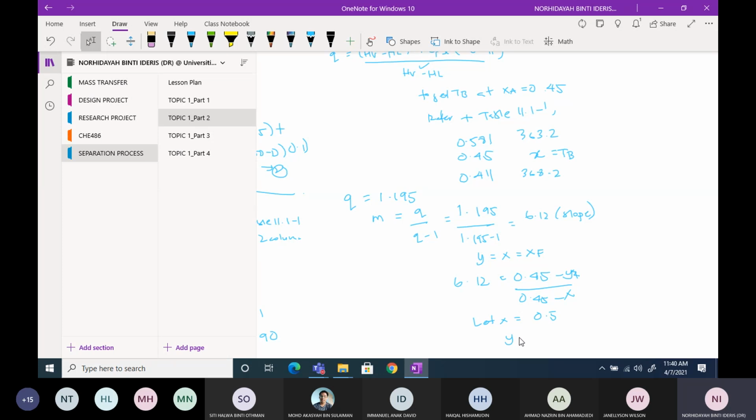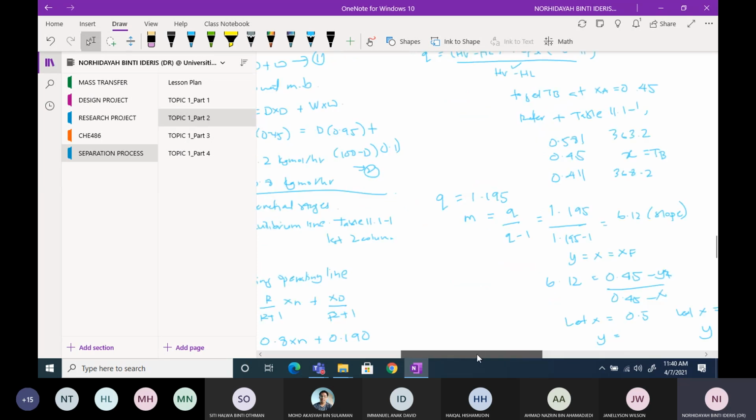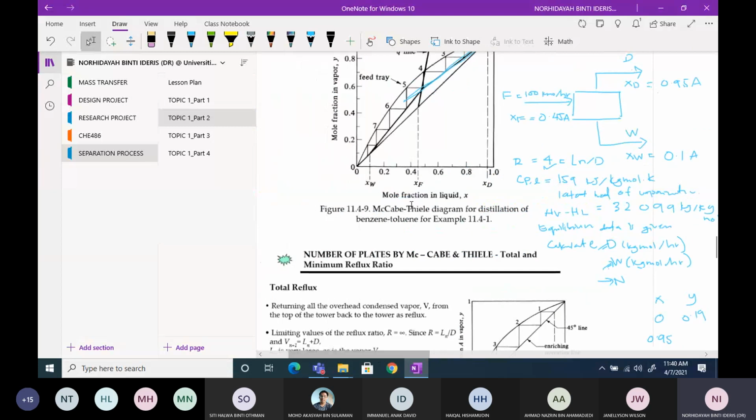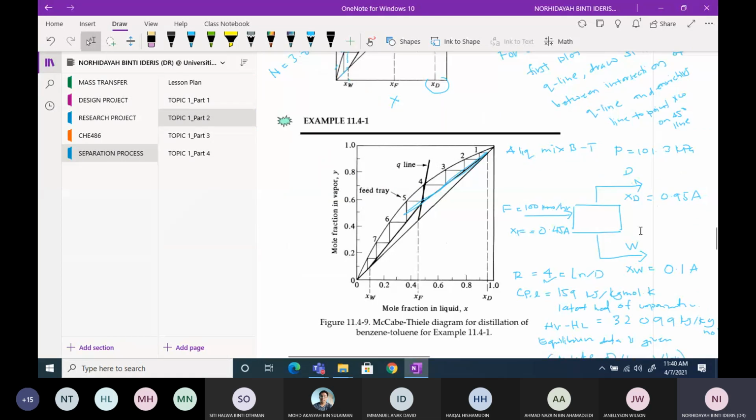So you will get Y, and let S equal 0.55, maybe. You see Y is equal to what? If you have these two points, you will get the line here, the Q line.